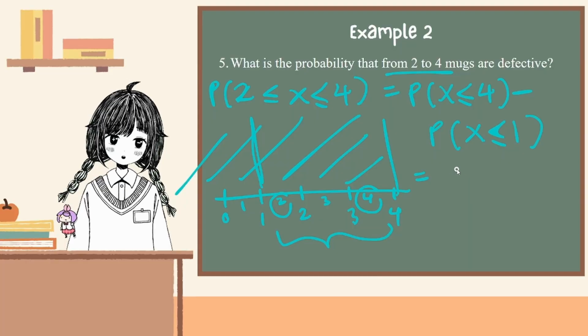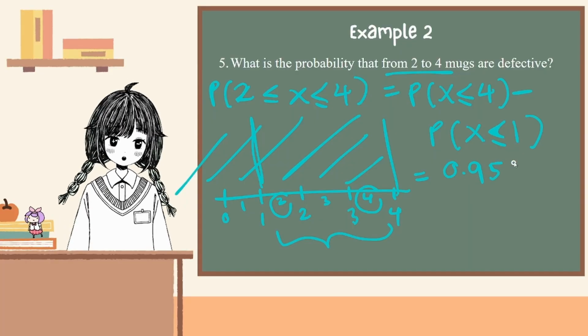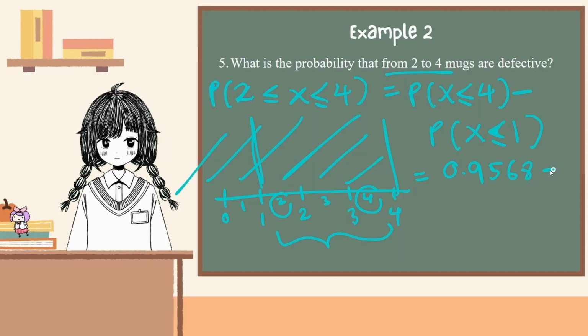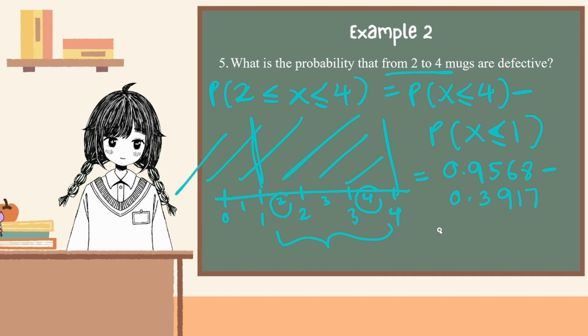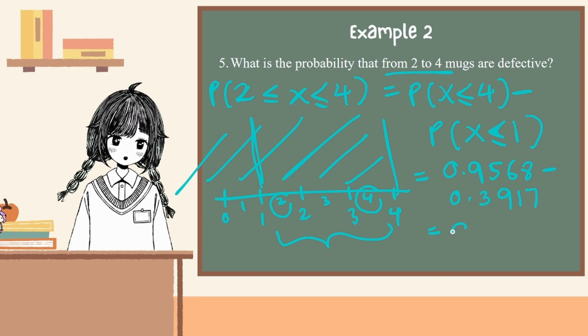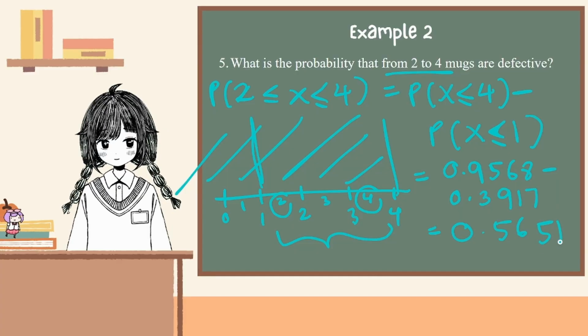According to the stat table, it will be 0.9568 minus 0.3917. The final answer is 0.5651.